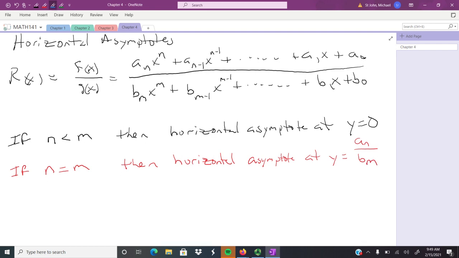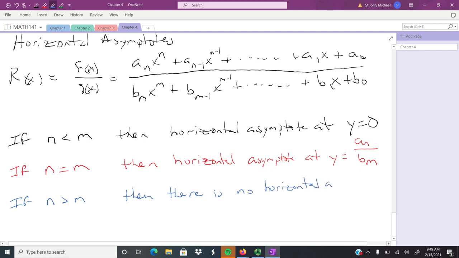And the third case, if n is greater than m, then there is no horizontal asymptote. Okay, so those are my possibilities here.